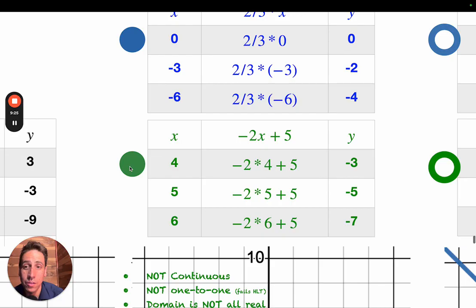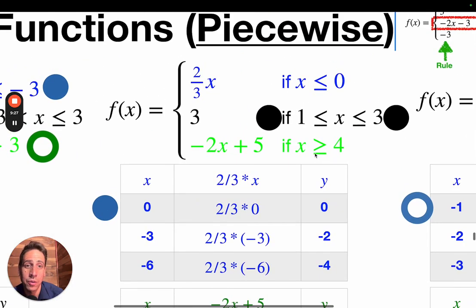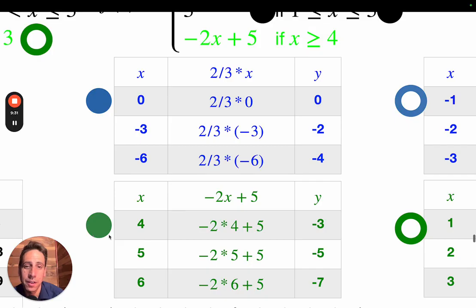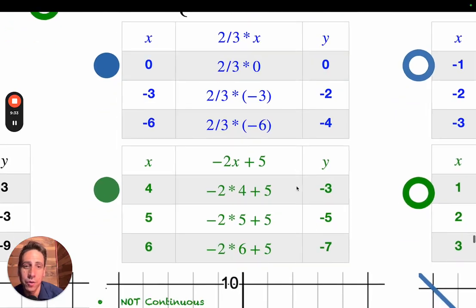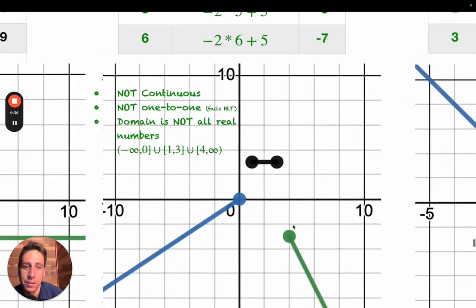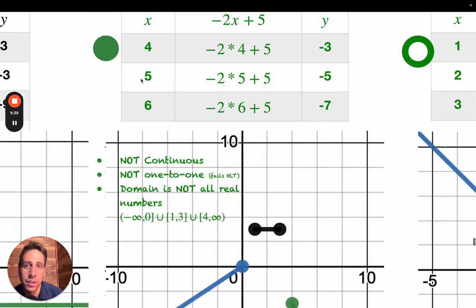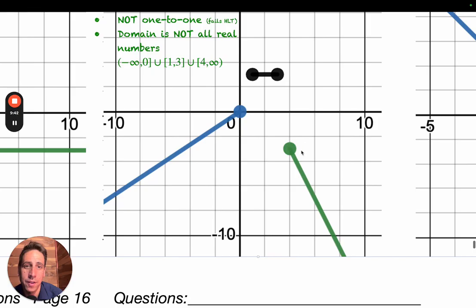Because of the or equal to portion of this symbol, I know it's going to be a solid dot. Where's the solid dot going to go? It's going to go at 4, negative 3, right there. And then you can see it keeps on going: 5, negative 5, 6, negative 7, and it just keeps on going.